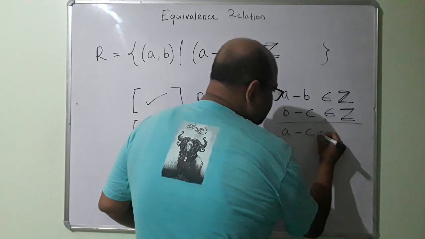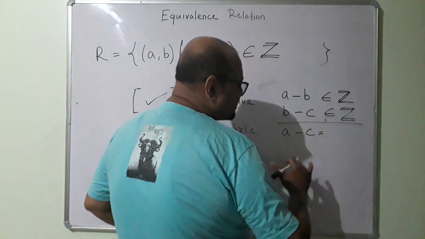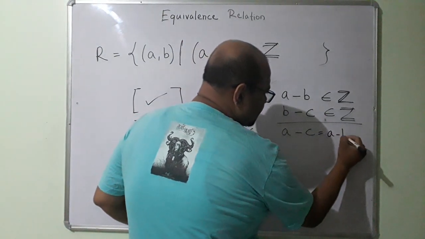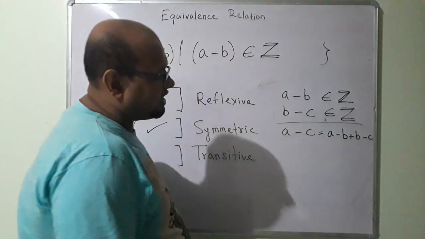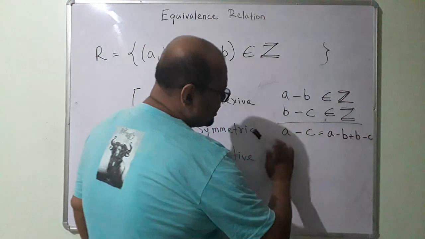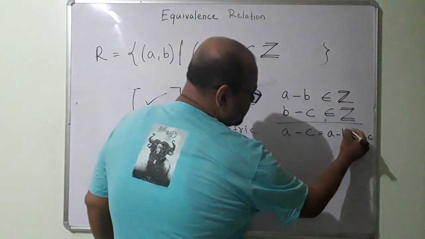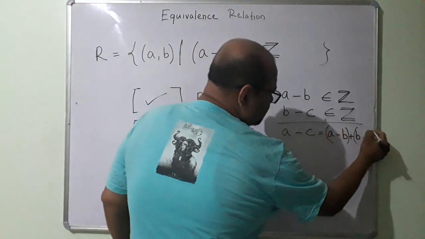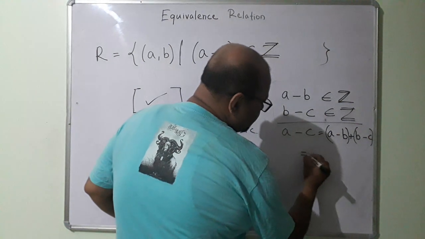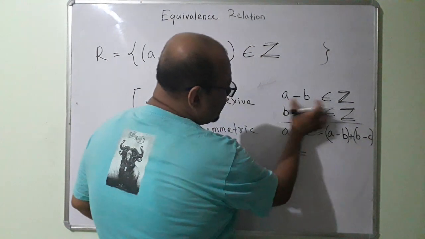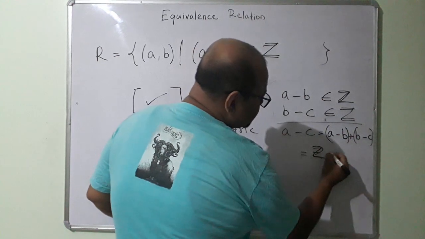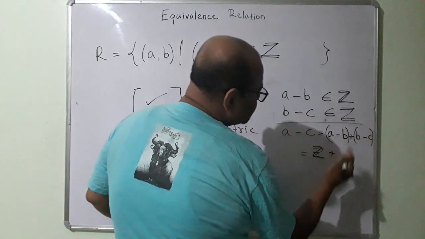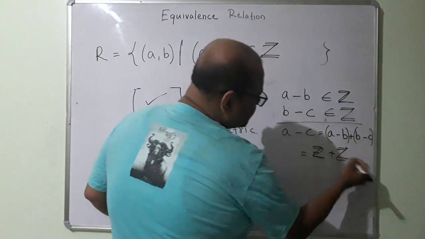I can add B and subtract B. I have subtracted B and added B to the original expression. A minus B, I know, is some integer. Plus B minus C, I know, is some integer.